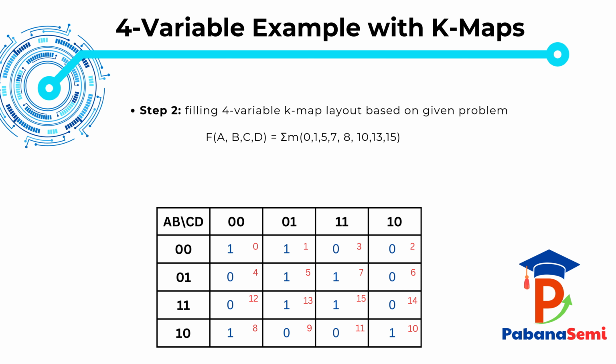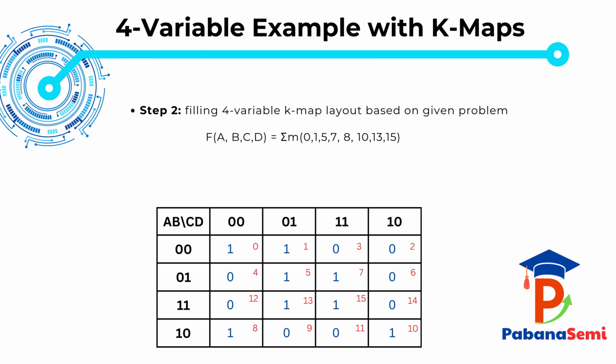Rows represent variables A and B. Columns represent variables C and D. Both rows and columns follow gray code order 00, 01, 11, 10. Gray code is essential because it ensures that adjacent cells differ by only one variable. This allows valid grouping later.